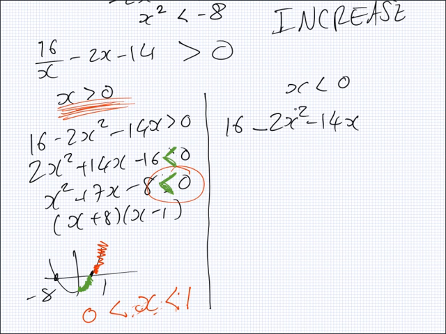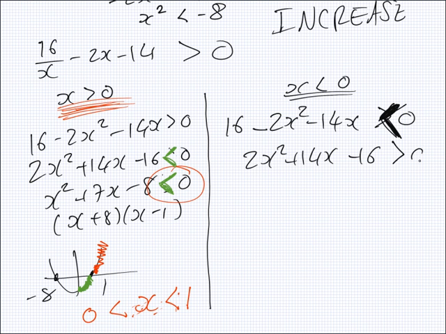The sign. Negative. So it's like this, isn't it? Yep. Taking everything to the right, I'll get 2x squared plus 14x minus 16 is... Now be careful. I forgot to change this. Flip it around. And then taking everything to the other side, it is like this now. So it's the same picture except we're looking at different points.